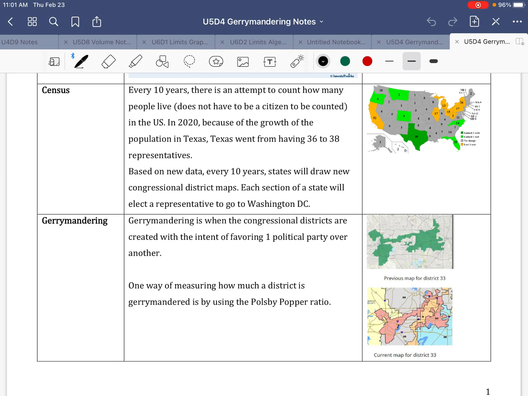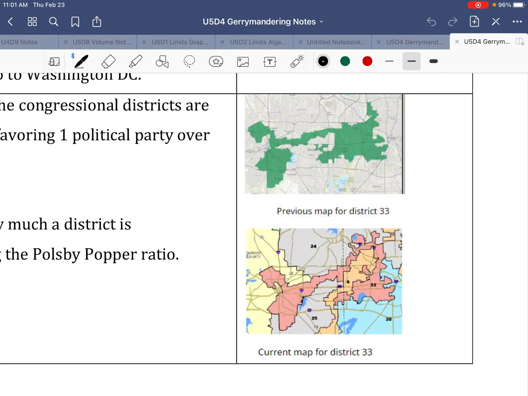One way that we can measure the extent to which a district is gerrymandered is by using something called the Polls-v-Pauper ratio. So what I want to show real quick on the right is the congressional district map for District 33 in Texas. This is about where our school is.